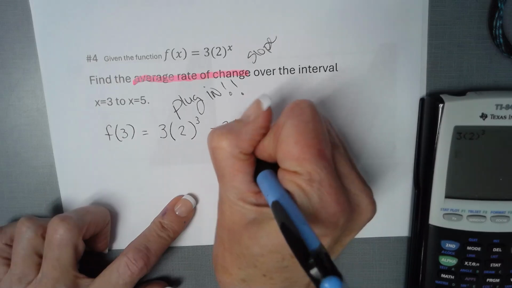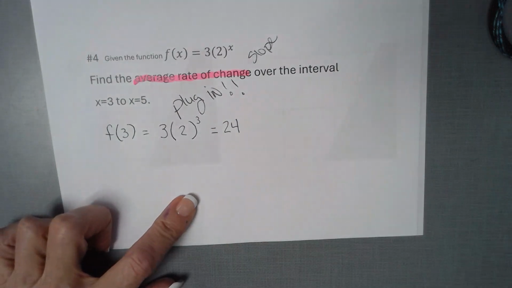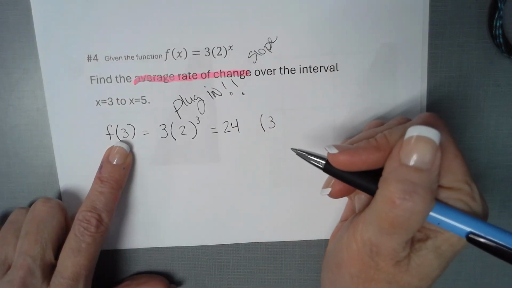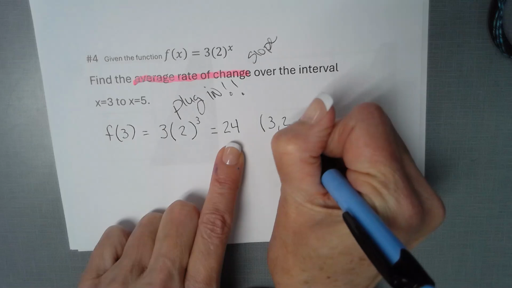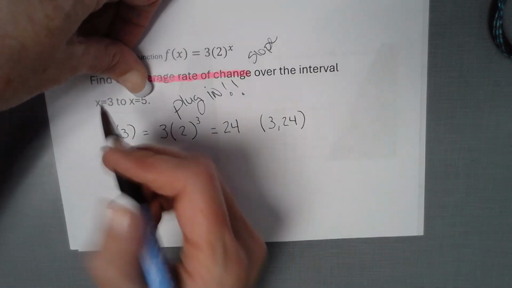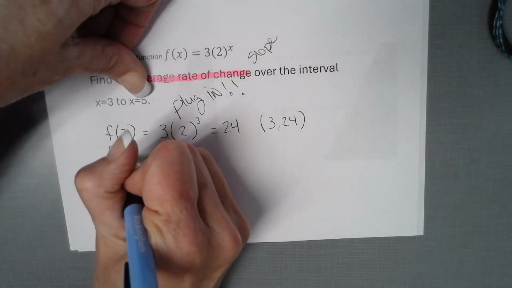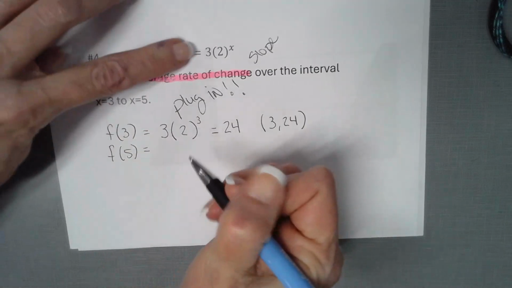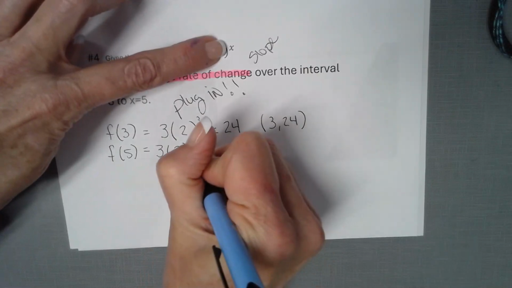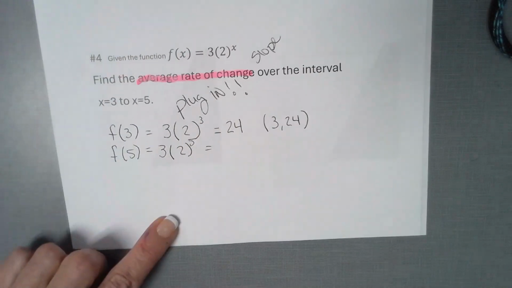Okay, well, y'all, what I just made was an ordered pair. The x part is 3. That was the input. The output is the y, 24. I just made an ordered pair. I need one more. X is 5. So I'm going to find f of 5. So it's 3(2)^x, and where the x is, I'm plugging a 5 in.